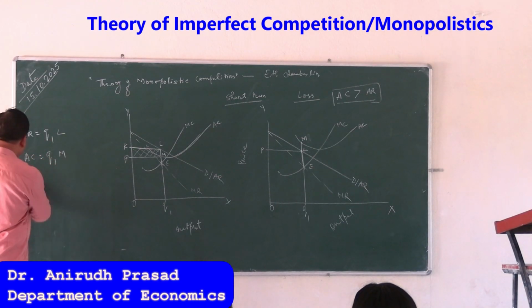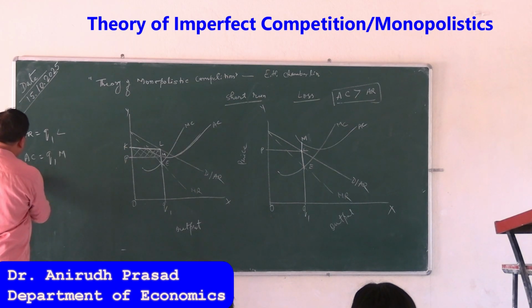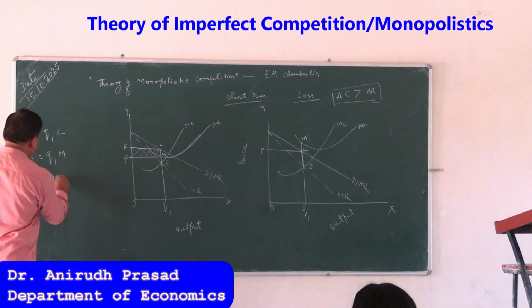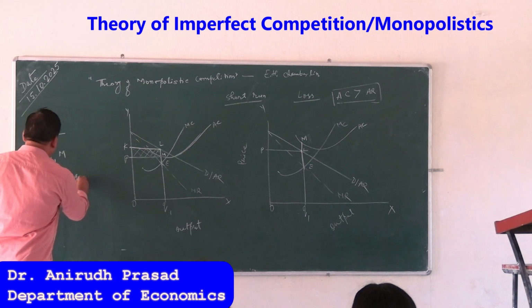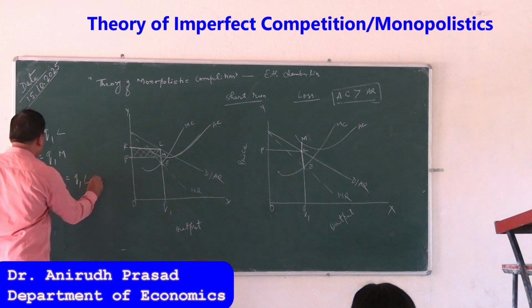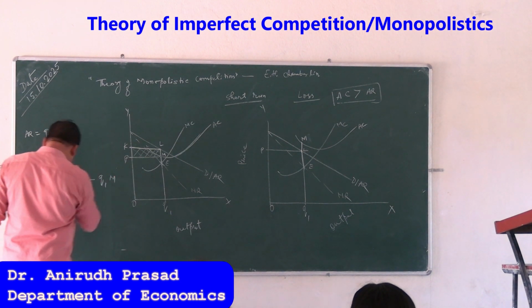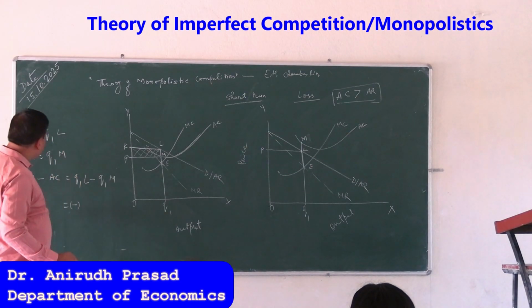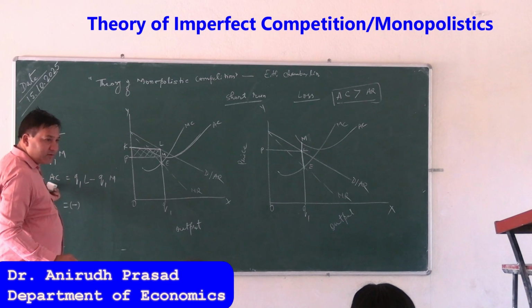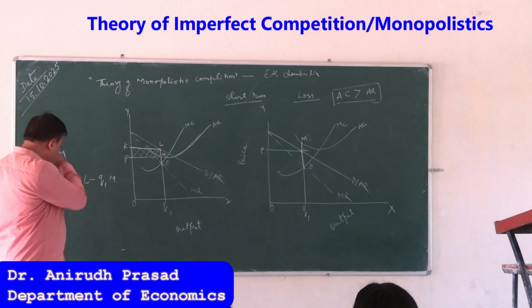So what is the difference? Average revenue minus average cost. Average revenue is Q1L minus Q1M equal to, so average cost is more, the answer will be minus.